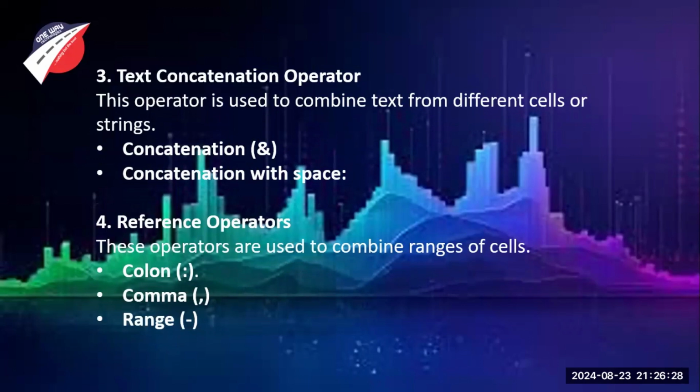This operator is used to combine text from different cells or strings. They are of two types. We have the concatenation, and you can see the sign there, ampersand, and we have the concatenation with space.